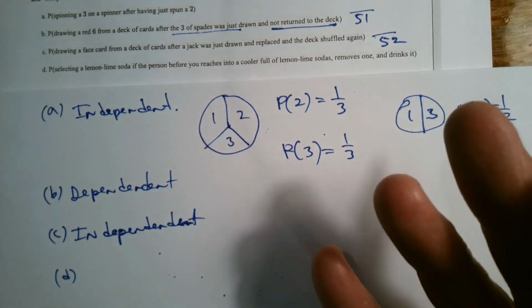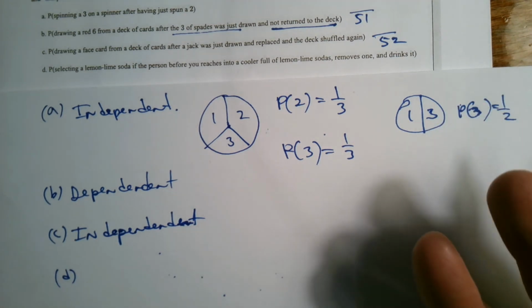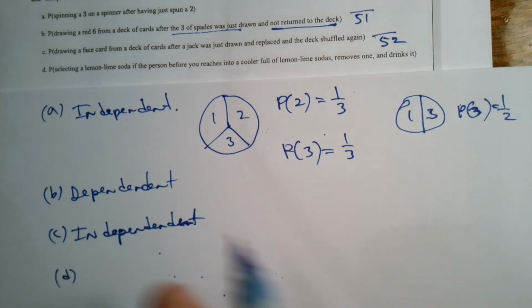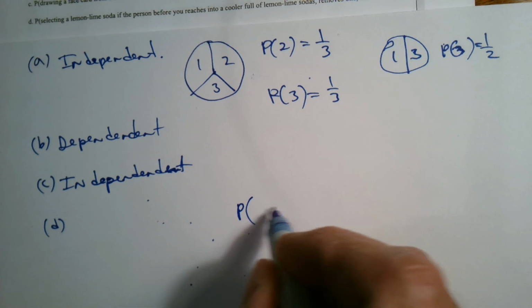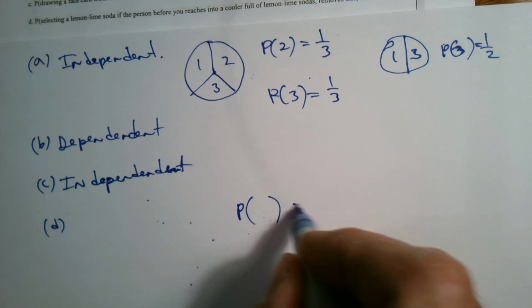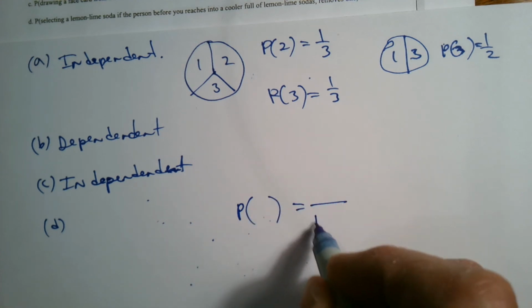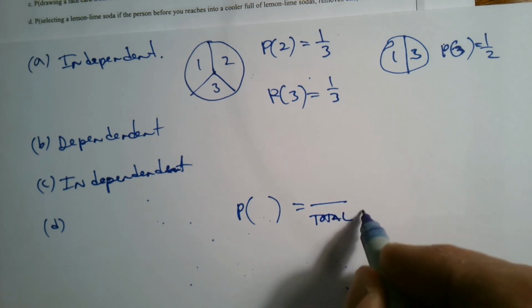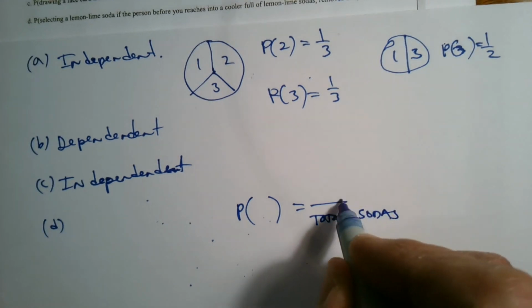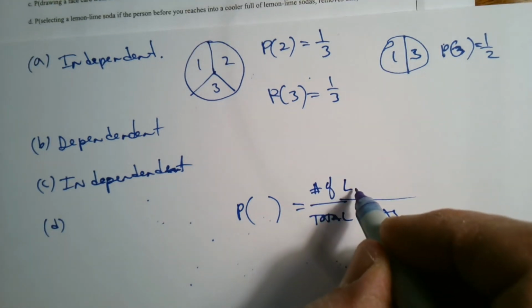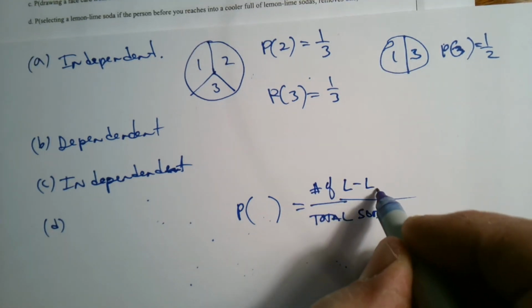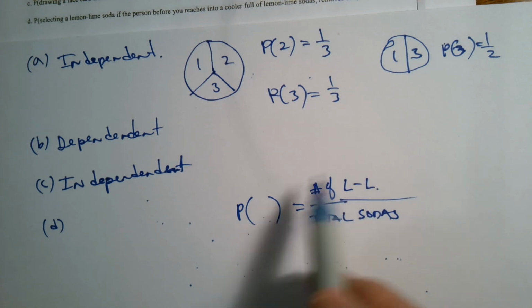But if it has other sodas, we'd have to figure out the total number of sodas, and then the number of lemon lime, LL. So that would be my probability.